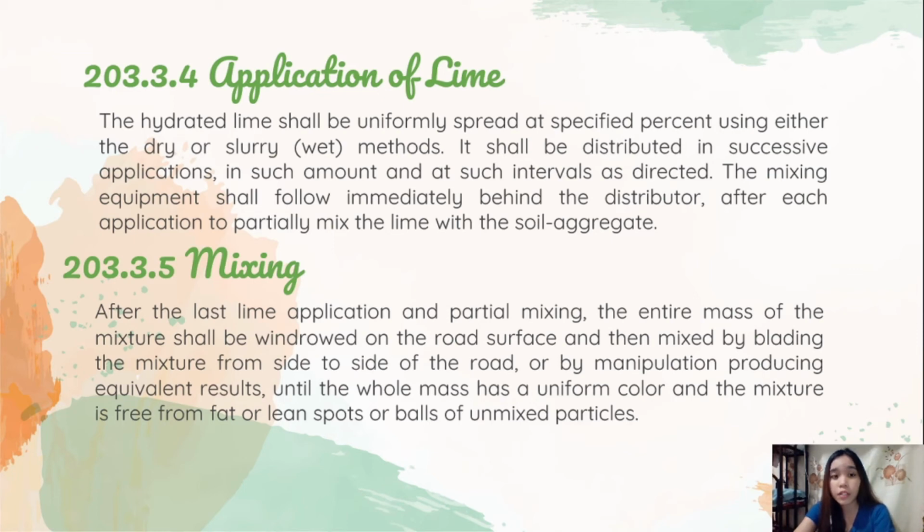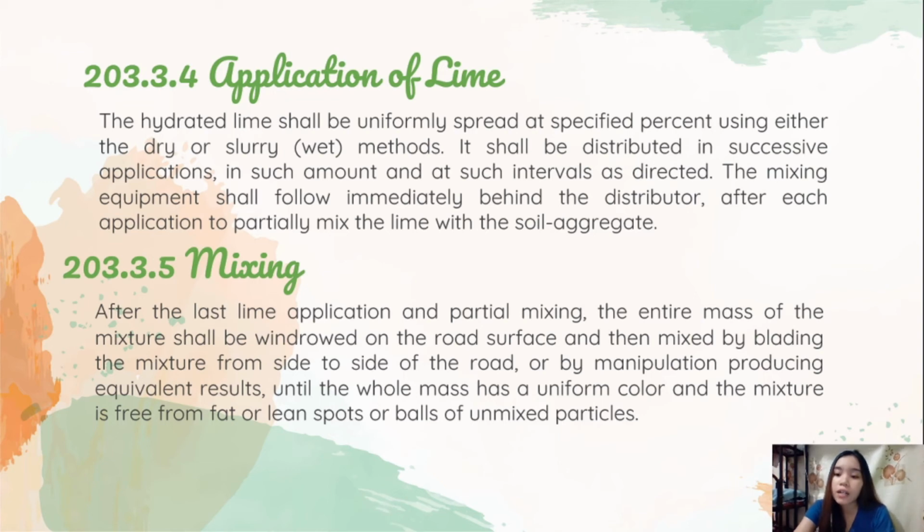The mixing equipment shall follow immediately behind the distributor after each application to partially mix the lime with the soil aggregate. So if, for example, dry lime, it should not be spread under windy conditions to avoid excessive dusting, and it shall be applied only to such areas as can be mixed into the soil aggregate during the day of application.